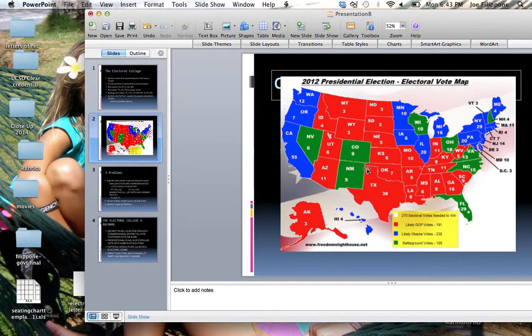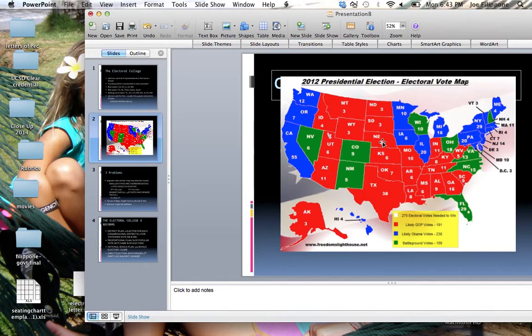Now, 2 states have what you call a congressional district plan. That's Nebraska and Maine. And they go by, if they win a district, that gets an electoral vote, and then the person who wins the popular vote of the whole state gets the 2 senator votes.